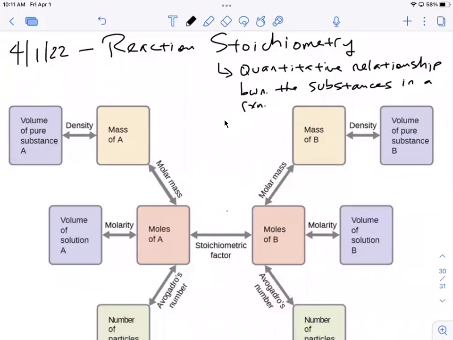So we're going to be able to talk about stoichiometry with respect to chemical reactions, how to use balanced equations to get ratios, and how to perform calculations with different things like mass, like molarity. But everything is always going to come back to one thing, and that's moles, right?